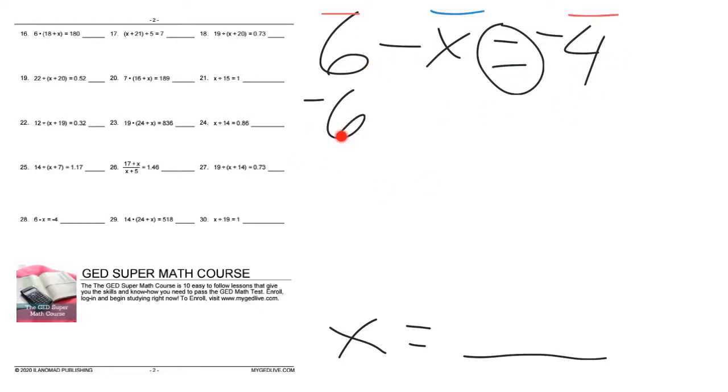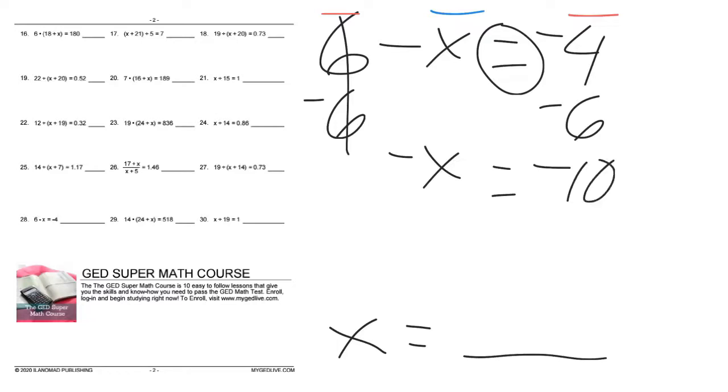So if I take 6 away from here, I also have to take 6 away from here. That crosses out, leaving a minus x, and then minus 6 minus 4 is a minus 10. If that confuses you in any way, I recommend that you jump into my program, the GED Super Math course, and it will break down all of these things for you.